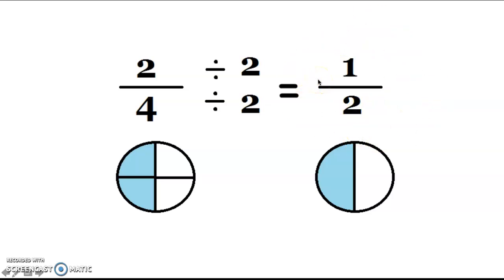Now, I know in my mind, if I tried dividing 1 by 2, it wouldn't work. You could divide 2 by 2, but the numerator also has to be able to be divided by 2 if you want to keep the value of the fraction exactly the same. Whenever you are reducing a fraction into its simplest form, you're not changing the value, you're just changing the appearance of the numerator and the denominator.